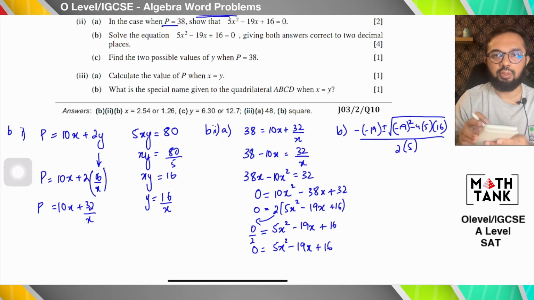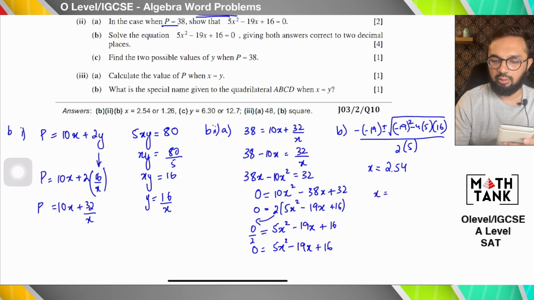Okay, then putting all of this on my calculator. So I get x equals 2.54 and 1.26. So those are the two values for x.